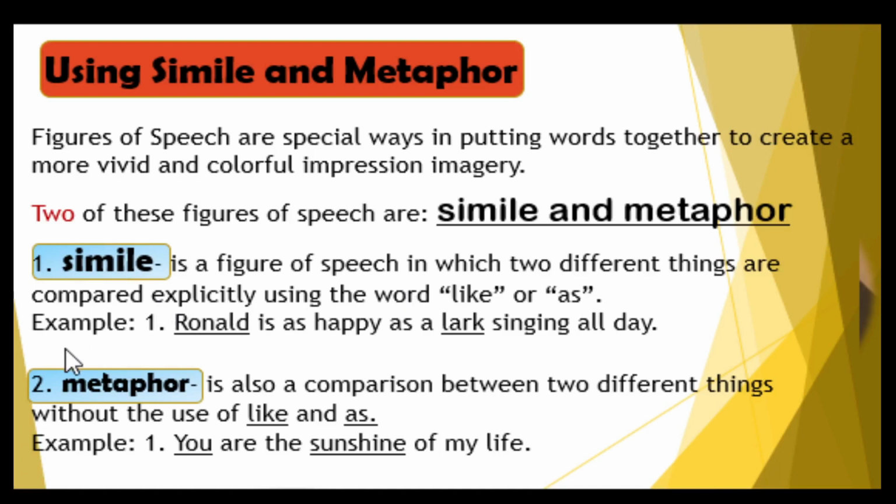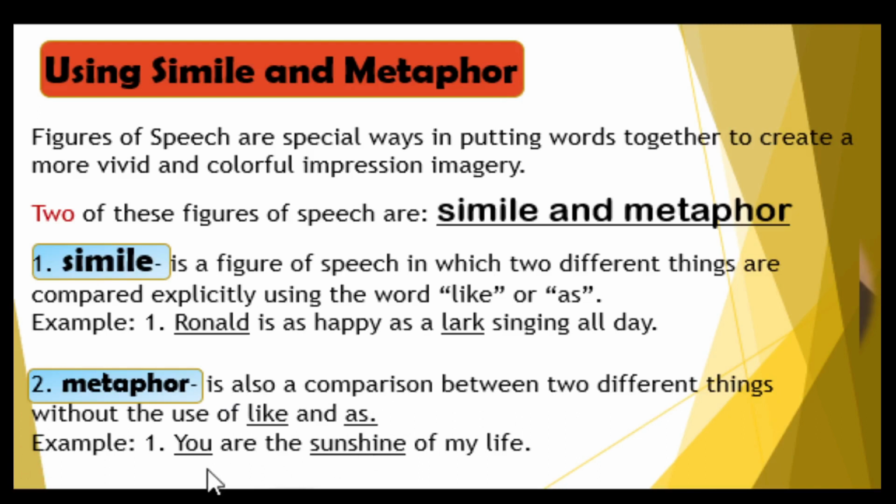For example, Ronald is as happy as a lark singing all day. Ronald and lark are being compared, and in the sentence, we are using the word as, which means this sentence is a simile. For number 2 example, a metaphor is also a comparison between two different things without the use of like and as.